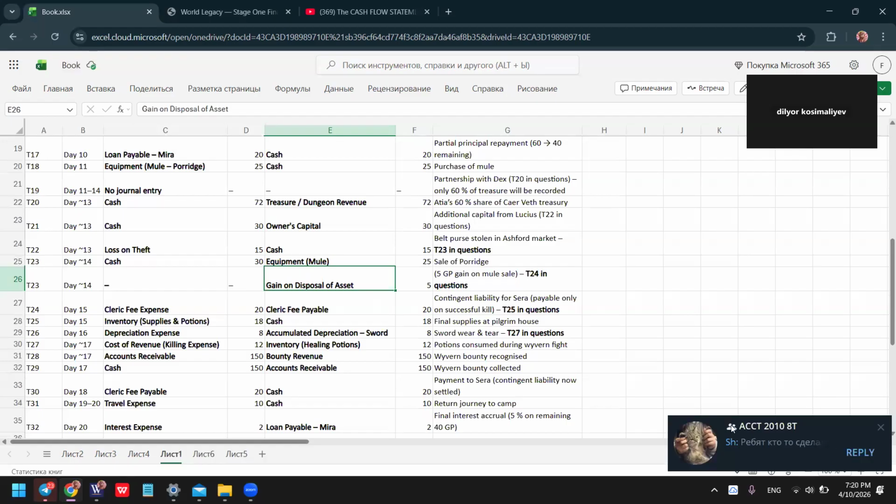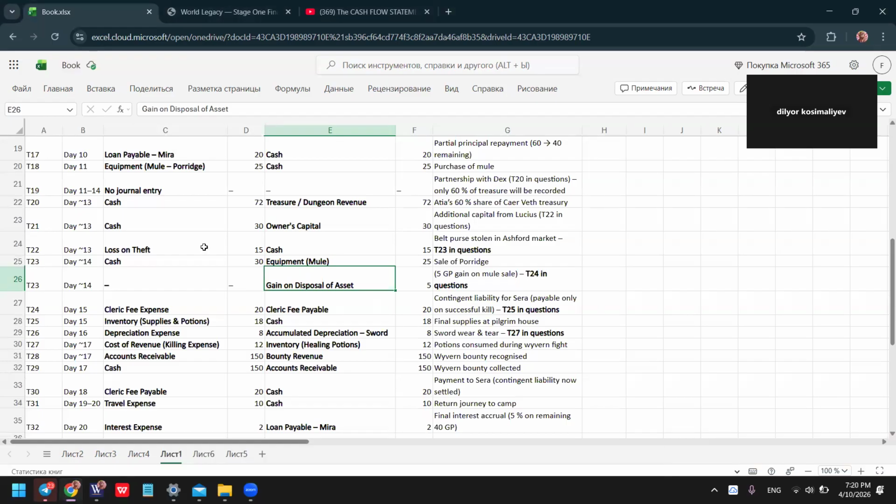Here we have cash, which is 30, and here it's 25. So we have a gain of 5 golden pieces from that sale, but in the journal entries, but in the income statement, it's just written as 30. So it was already counted.